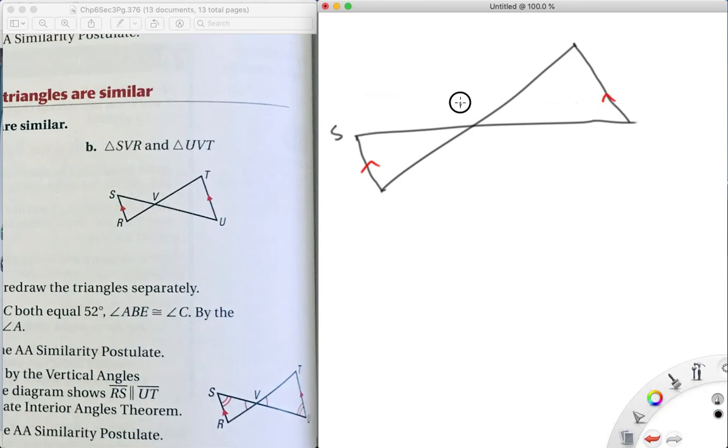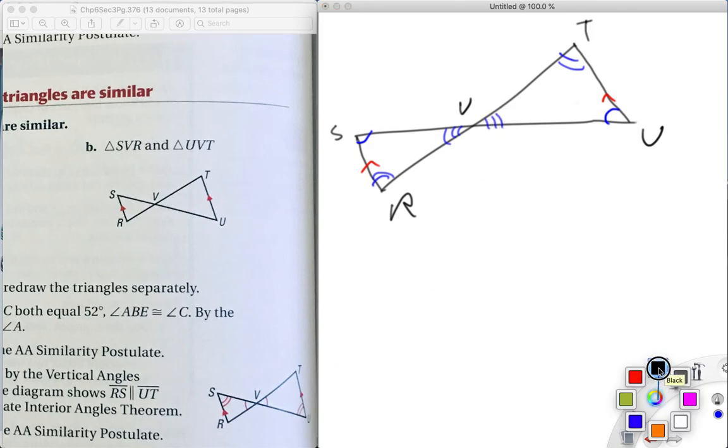We got S, V, R. We got T, U. They're alternating interior angles because these two guys are parallel. Here's my transversal. So I can say that S is congruent to U, alternating interior angles. I can also say, if I wanted to, U is congruent to R. And then I can also say that since these are vertical angles, these guys are congruent. So I have the pick of two sets of angles.